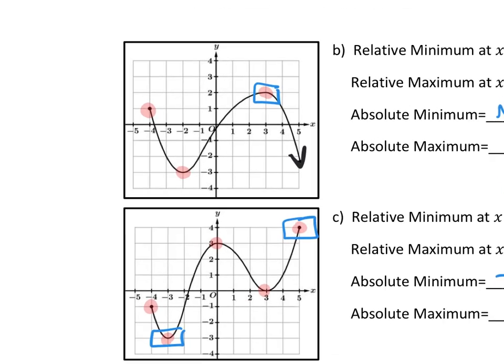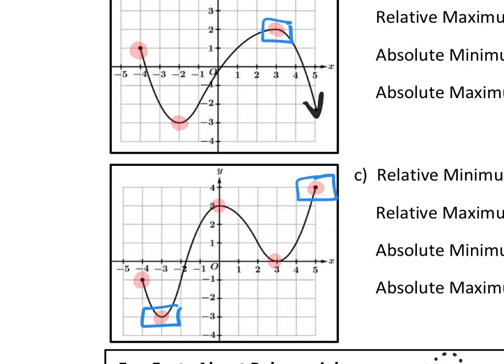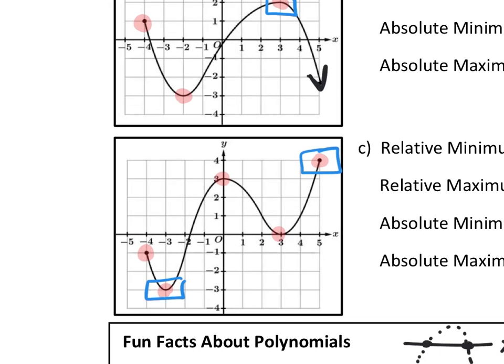If we were to find the point of inflection for just this section right here, at what point does it change from concave up to concave down? About -2. Do you see that this is a concave up bowl and this is a concave down?